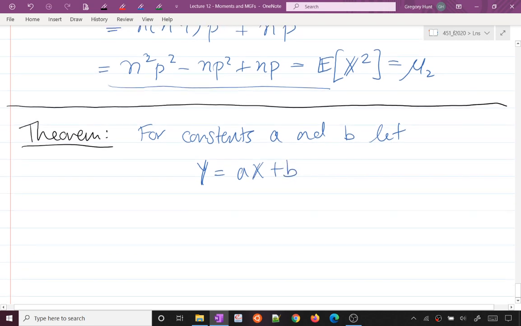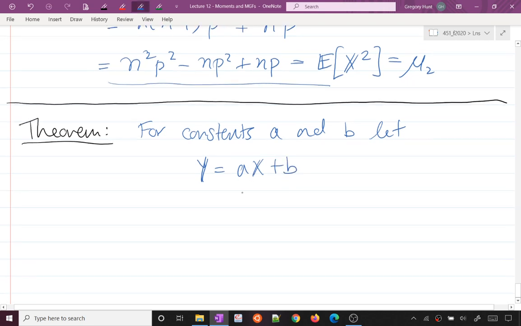We talked about how the expected value we could just push through nicely, and the variance had a little more complicated rule. You had to square the a and you got rid of the b. Moment-generating functions are defined in terms of expectation. Expected value, variance is defined in terms of expectation. MGFs are defined in terms of expectation. And so the question is, is there a similar rule for MGFs?